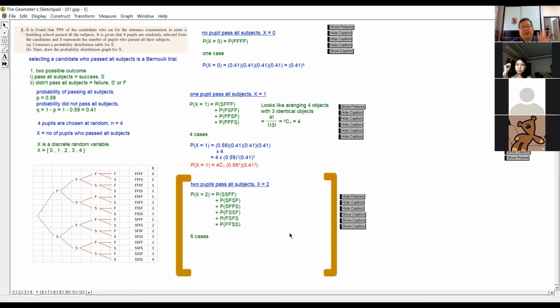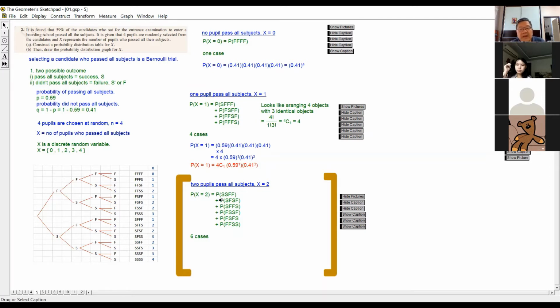Before we count the probability of having two successes, we want to know how many different possible outcomes there are with two successes. The possible outcomes include SSFF, meaning the first two students succeed and the next two fail.